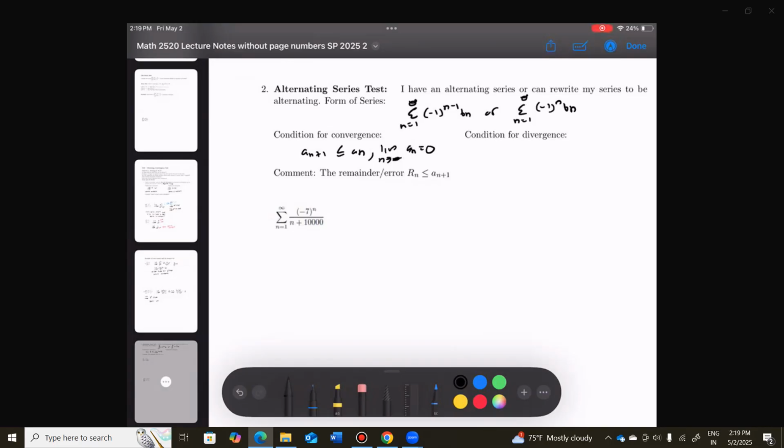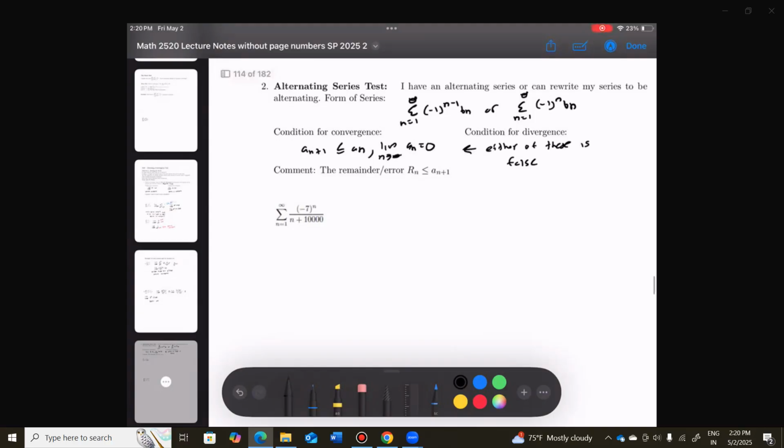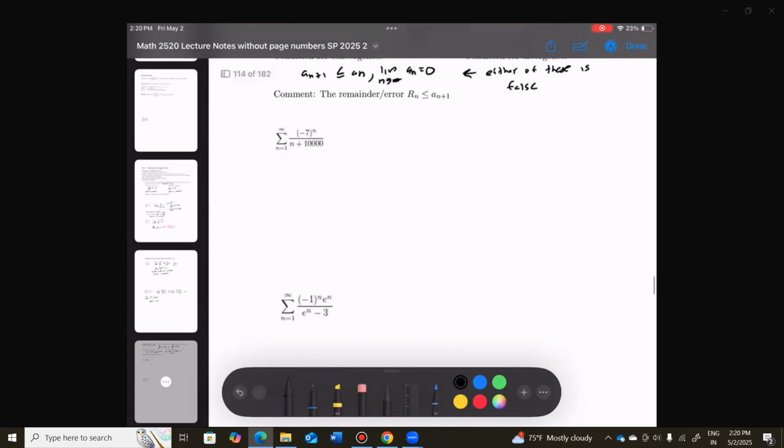And then the condition for divergence is if either of these is untrue. If this one converges, the remainder error r sub n is less than or equal to a sub n plus 1 as well. So that is a reminder on that one.